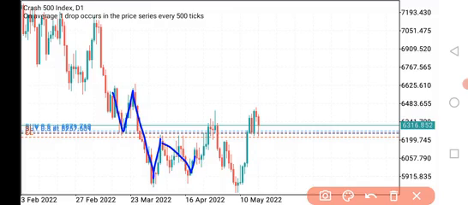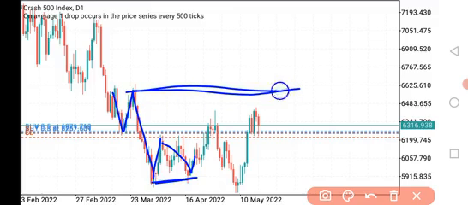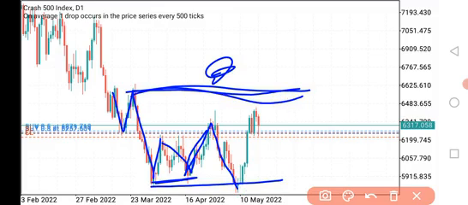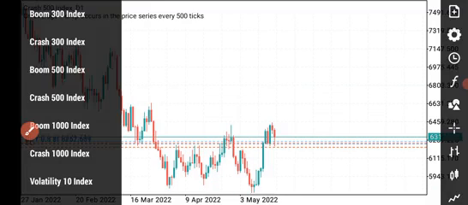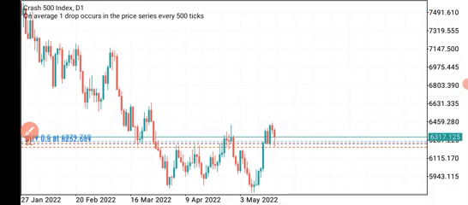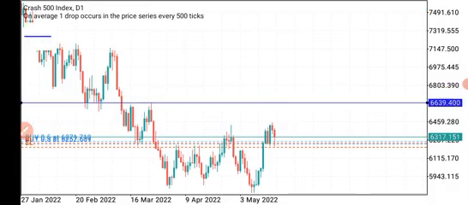Price was supposed to create a low here, but remember this was the last high that was created, the last lower high, and price has not broken above it, but price just kept bouncing around this range here. So let me use a horizontal line to show you this is the high.